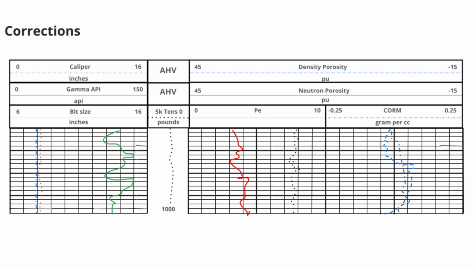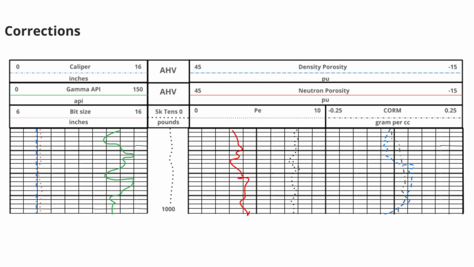But consider that corrections must be applied on these count rates to compensate for borehole diameter and mud weight, since variations can affect these measurements. Also, corrections for standoff are necessary. Remember that standoff is a separation between the detector and the formation caused by washouts, borehole irregularities, or mud cake.